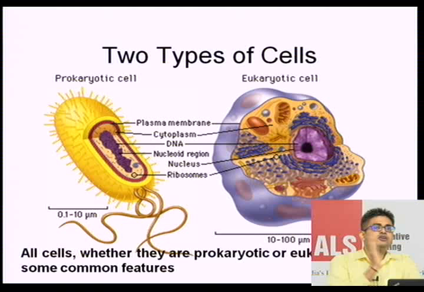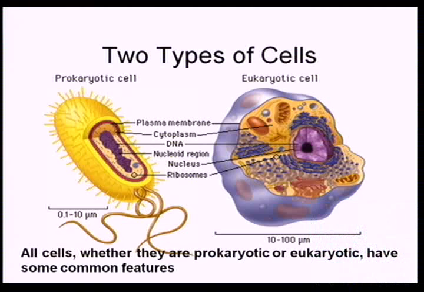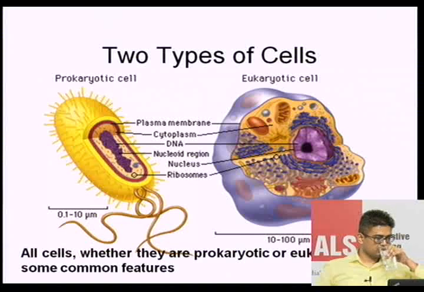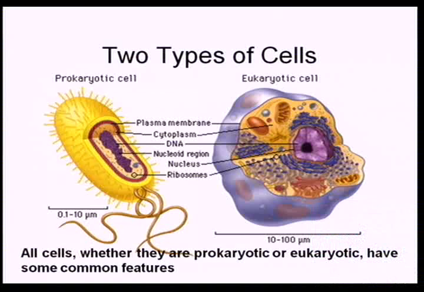Now, there are 2 basic types of cells. One is the prokaryotic cell and the other is the eukaryotic cell. Now, if you see in this picture, which cell is larger in size? Which cell is larger according to you?